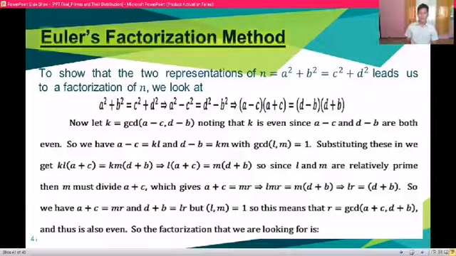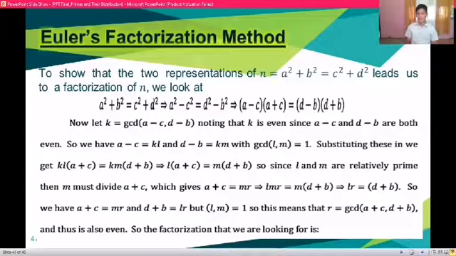Then m must divide a plus c, which gives a plus c is equal to mr. This implies lmr is equal to m times d plus b, which implies lr is equal to d plus b. So we have a plus c is equal to mr, which we will use in the formulas later, and d plus b is equal to lr. But the GCD of l and m is equal to 1.